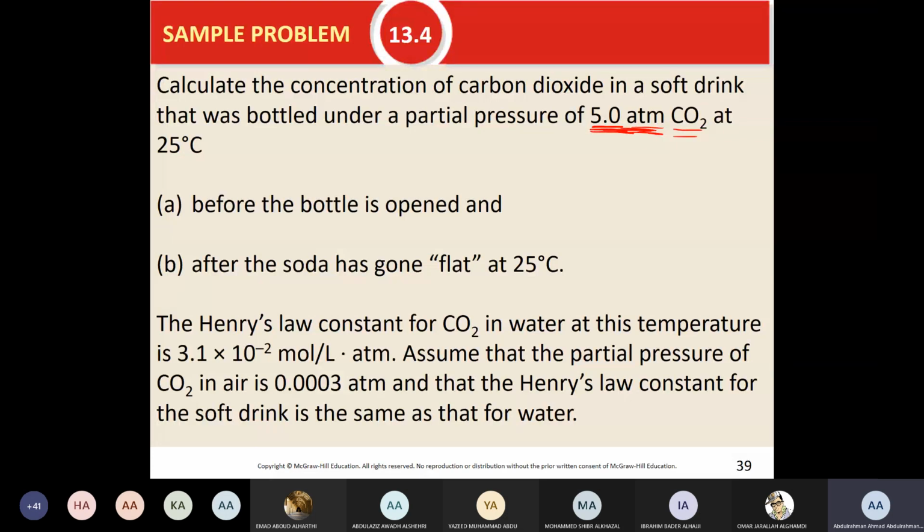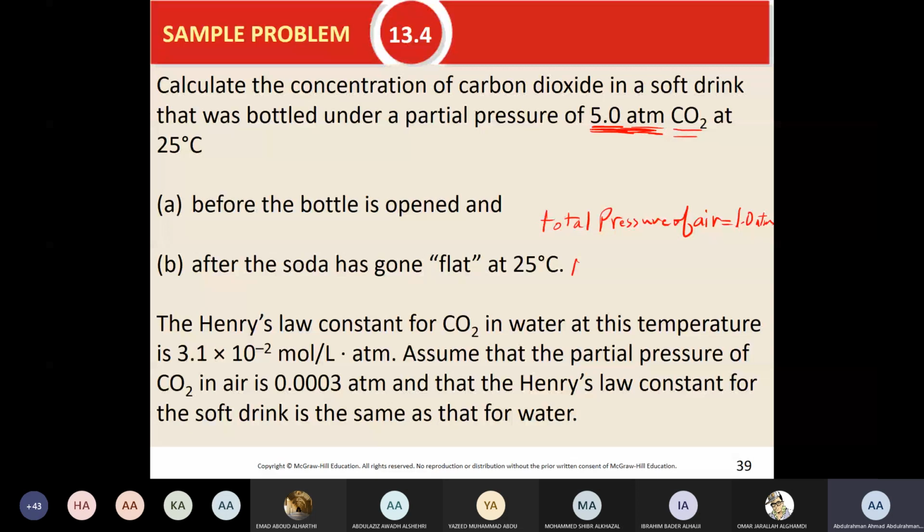Usually, when it's open, what's the total pressure of the air around us? 1 atmosphere.